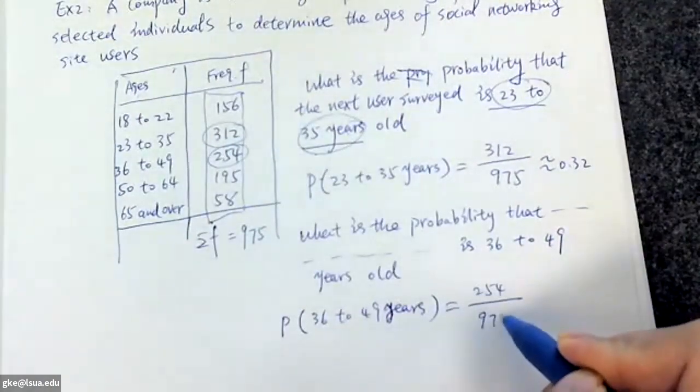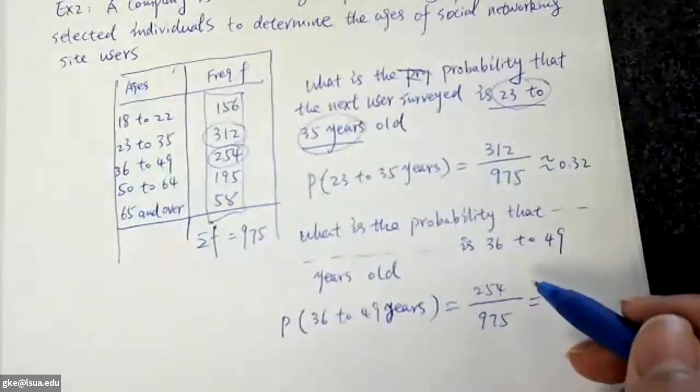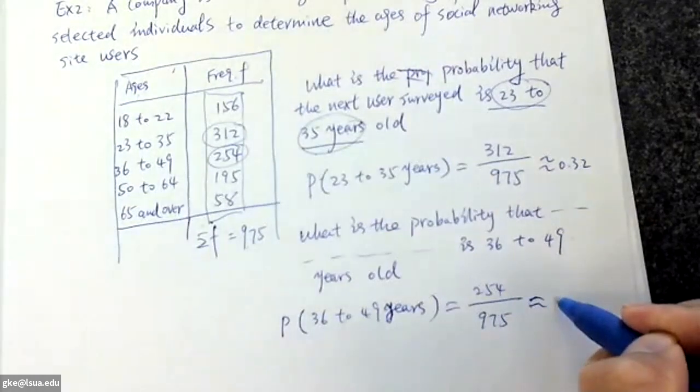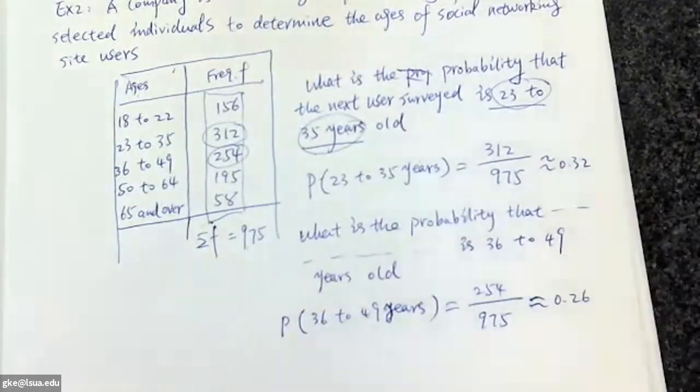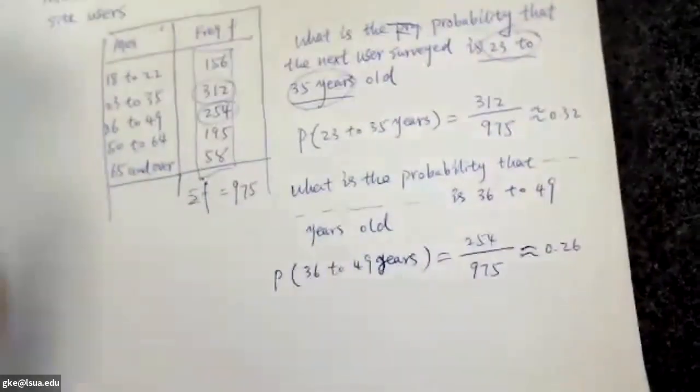The total frequency is 975. And this gives you 0.26.